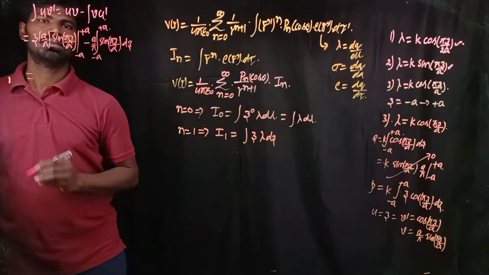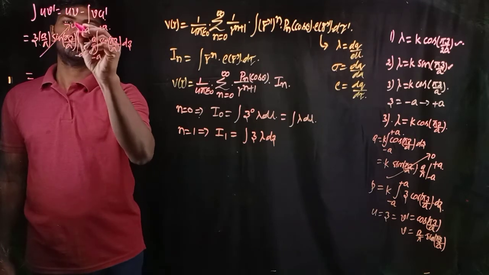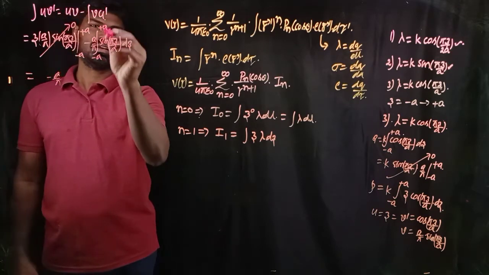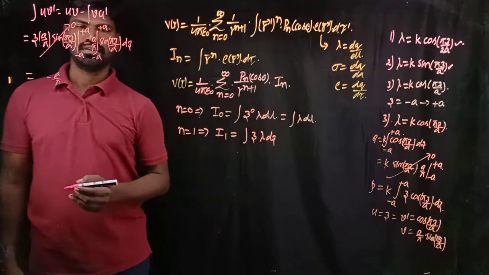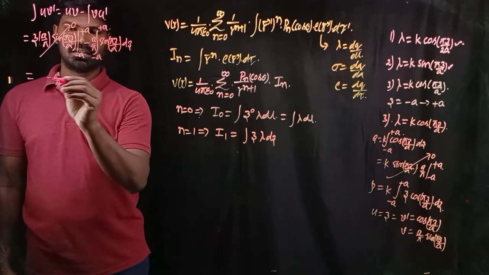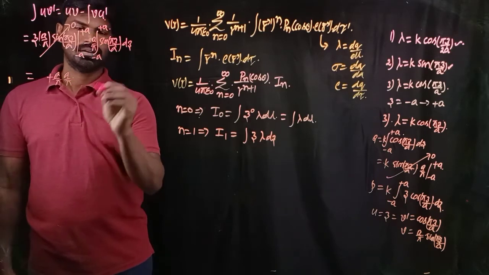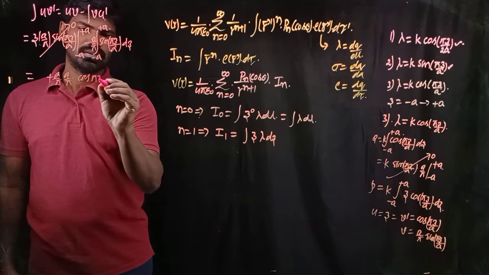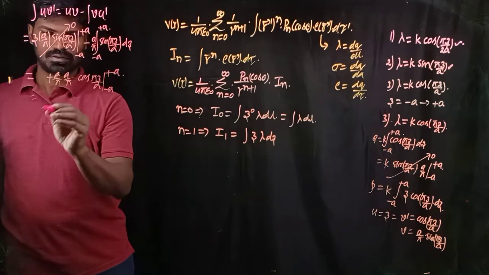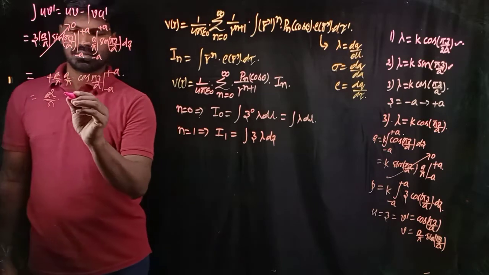Anyhow, when you substitute z equal to a, you get sine pi, so this term will vanish. Only we need to calculate this term, minus a divided by pi, and this also, over a complete cycle, the sine theta value is also 0 only. If you want to calculate, you can calculate. The integration of sine is minus cos, so minus into minus plus a divided by pi into the integration of sine is cos(pi z divided by a) between the limits minus a/2 to plus a/2, that is equal to a square divided by pi into cos.